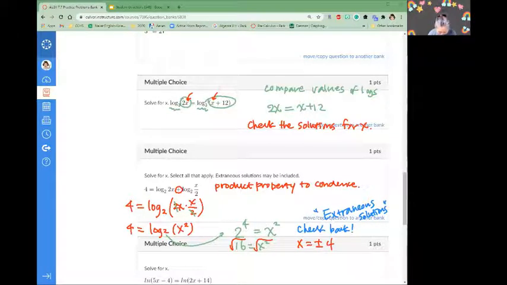So then this is not going to be the answer, right? So that's why you always have to check your answers when solving exponential or logarithmic equations, okay? Any particular questions, guys?